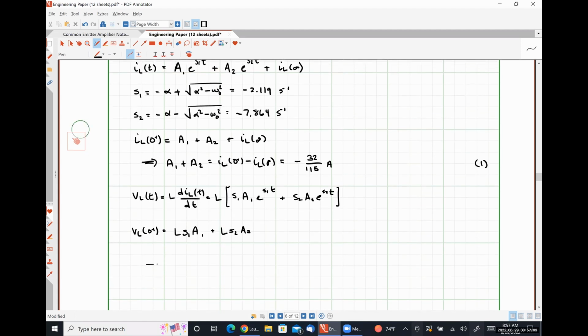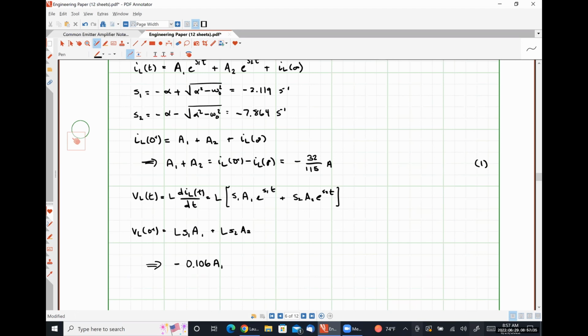And so if I substitute in my numbers, L was 50 millihenries, so 0.05 times the variable I have stored as C. I'm going to store that as A. Negative 0.106 A1.